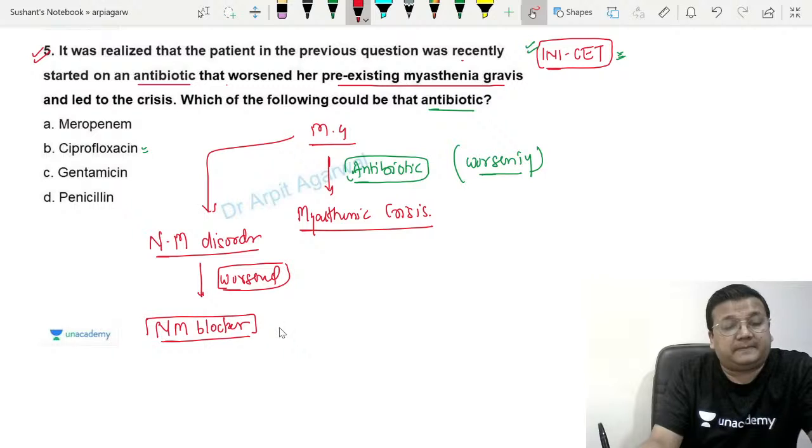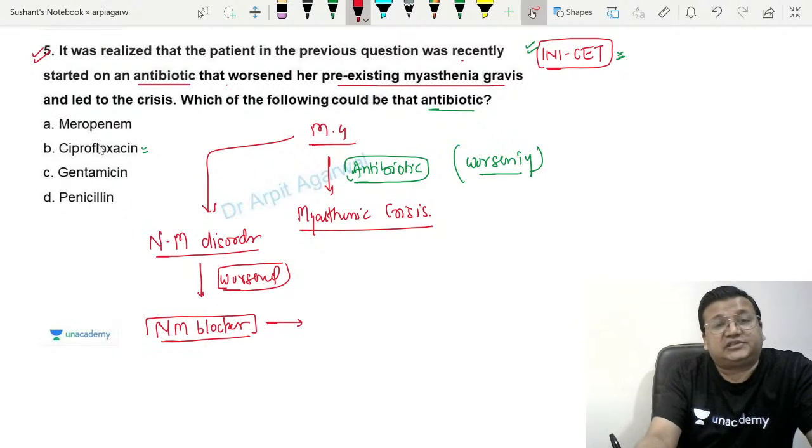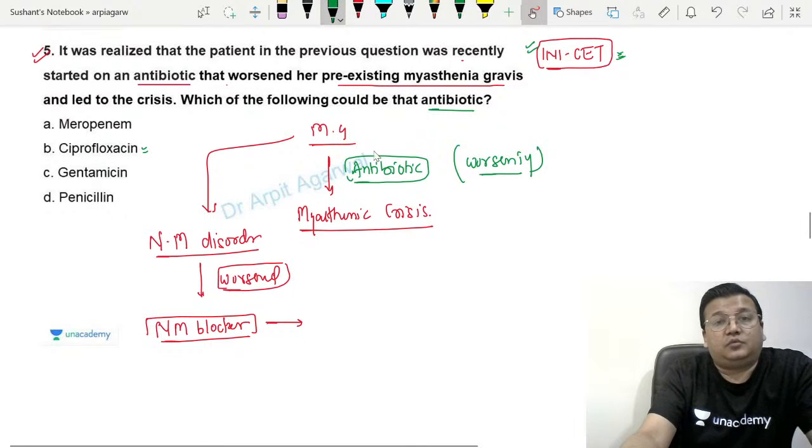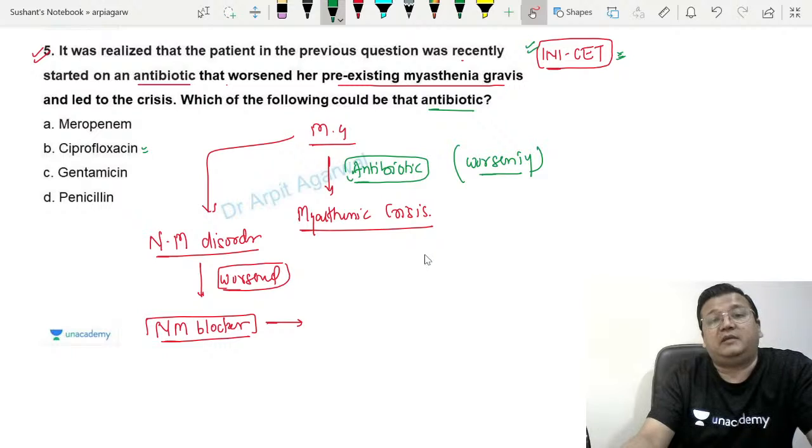So now tell me, out of these, which has the most important neuromuscular blocking ability? Which antibiotic? So if I tell you the mnemonic, would you be able to remember?